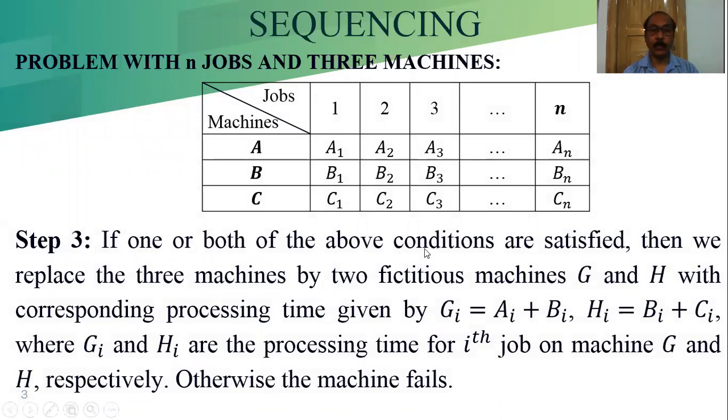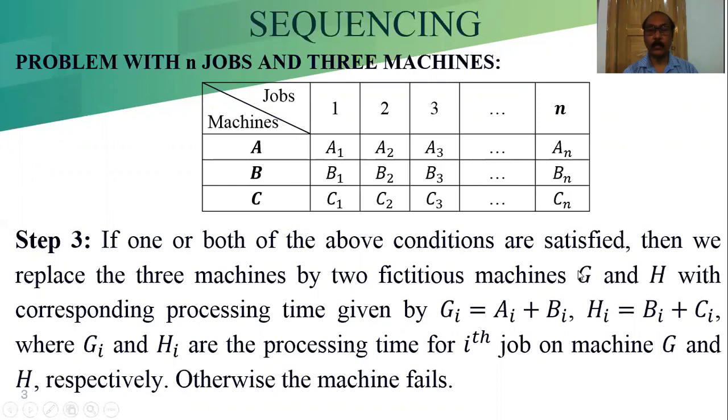If one or both of the above conditions are satisfied, then we replace the three machines by two fictitious machines. That means arbitrarily we replace these three machines by two machines. These two machines we are considering as G and H. And what would be the value of the processing time for G and for H, we can calculate here.